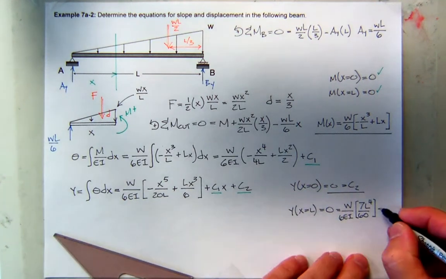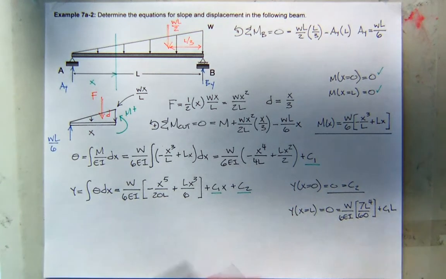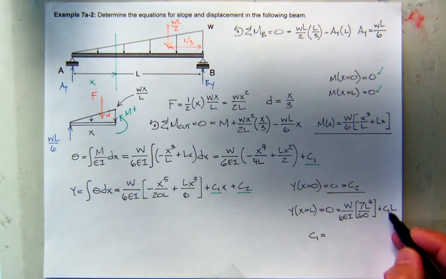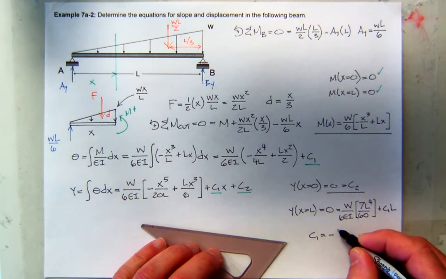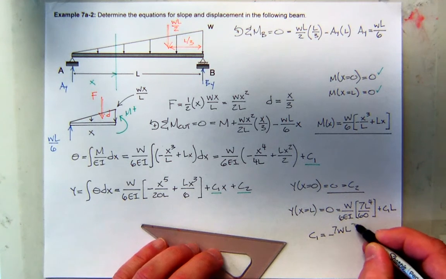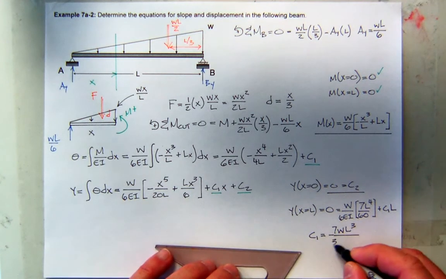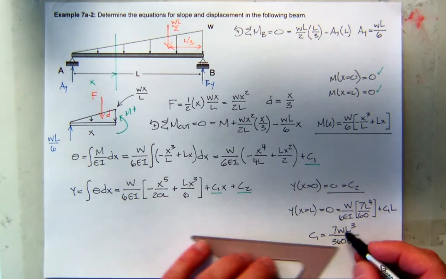And then, of course, I've got plus C1 L. So I can solve for C1. So C1 is equal to, just divide everything by L and change the sign. So you get minus 7WL cubed over 360 EI.